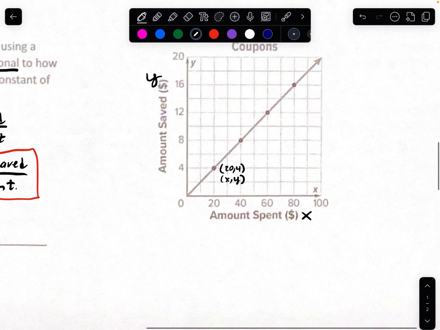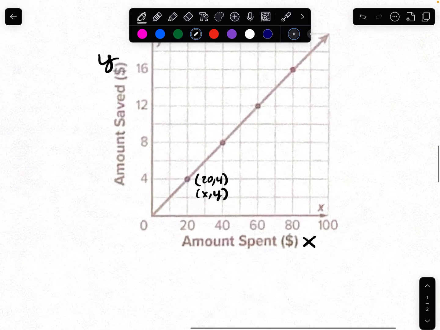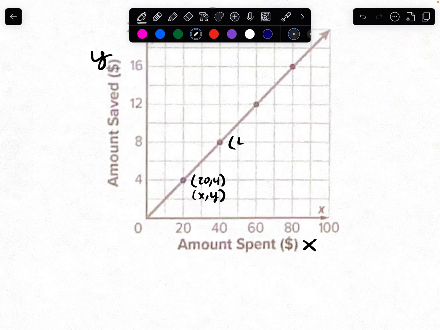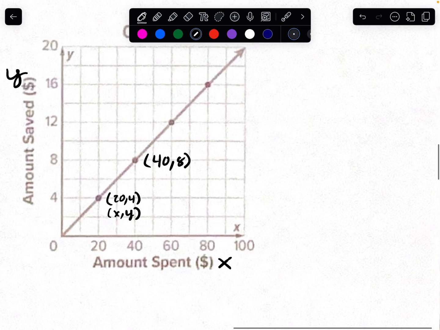So let's make sure that we are getting what we're supposed to get. At 40, we are saving $8. So if I use my Y over X, I should be getting 8 over 40. And then use my calculator again.